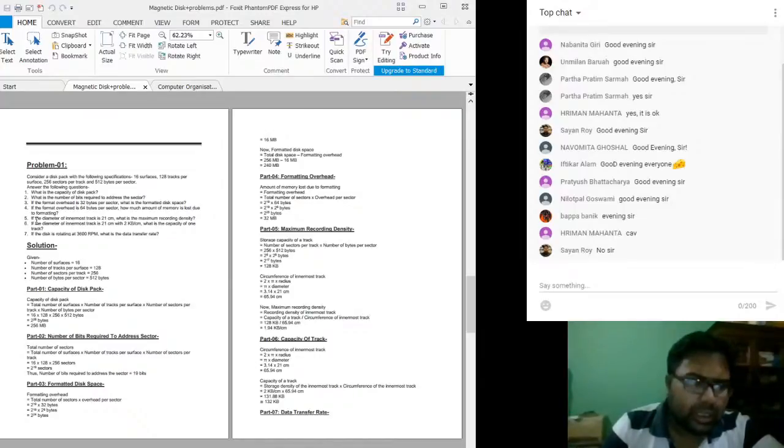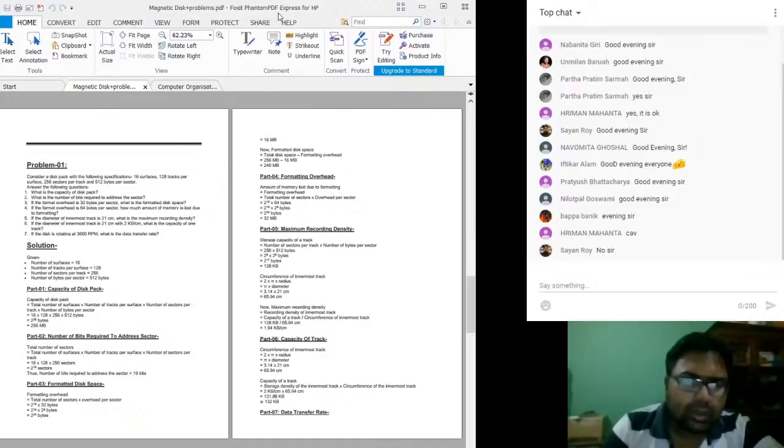If the diameter of the innermost track is 21 centimeter, what is the maximum recording density? If the diameter of the innermost track is 21 centimeter with 2 kb per centimeter, what is the capacity of one track? If the disk is rotating at 3600 rpm, what is the data transfer rate?